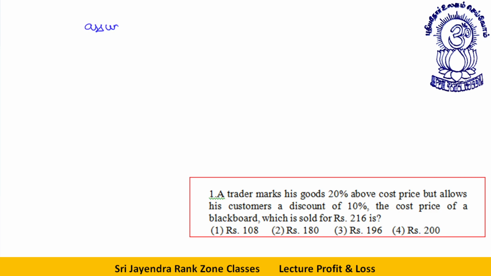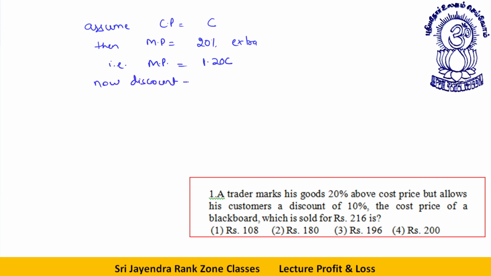Assume CP is equal to, let's say, C. If CP is equal to C, then marked price is equal to 20% extra, that is marked price 1.20C.